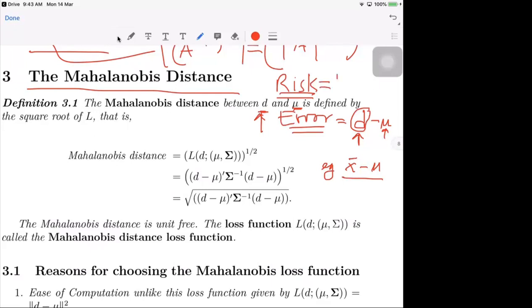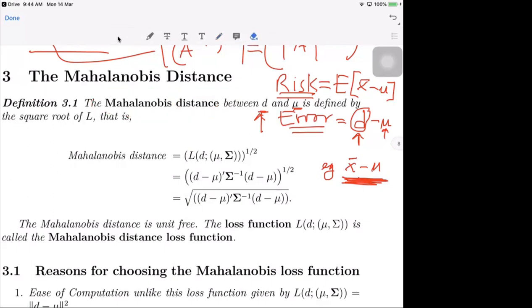The risk will be the expectation of your error, the expectation of X bar minus mu, no? So usually this difference is generally expressed in terms of distance, or how far X bar is from mu. In general, we call it Mahalanobis distance. This is an author, no?